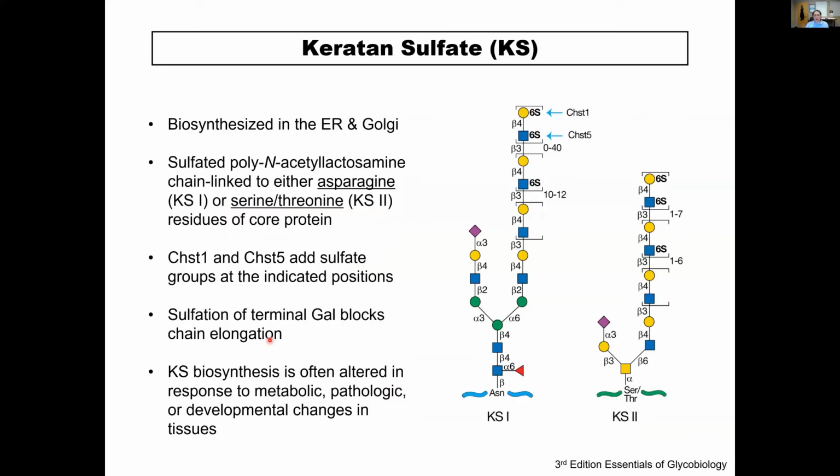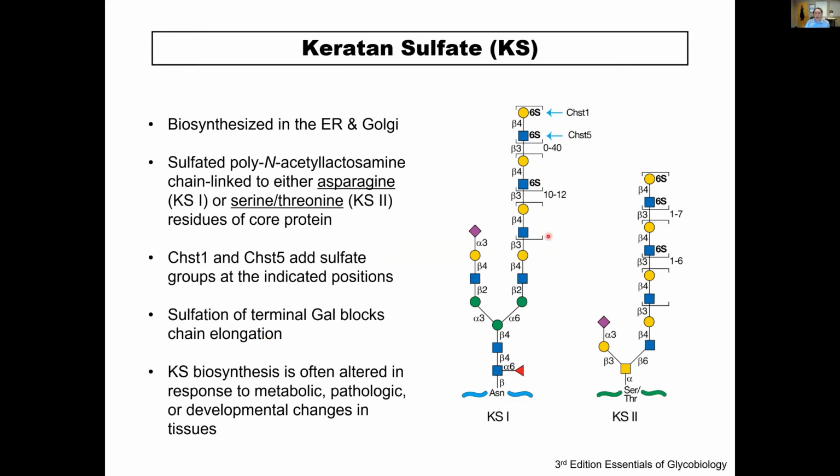So we'll move on to the next class that we want to talk about, which is keratan sulfate. So again, the difference between hyaluronic acid and all the other GAGs is that all the other GAG classes are biosynthesized in the ER and the Golgi of the cell.